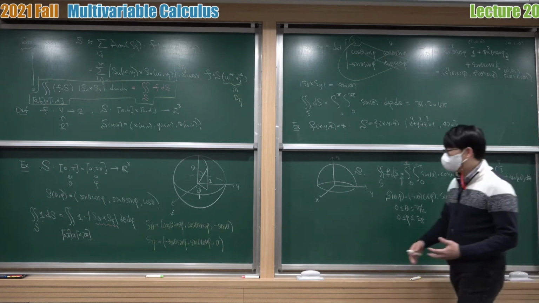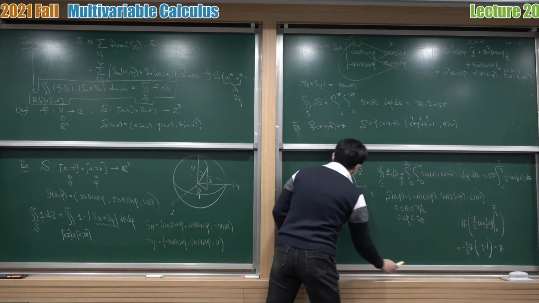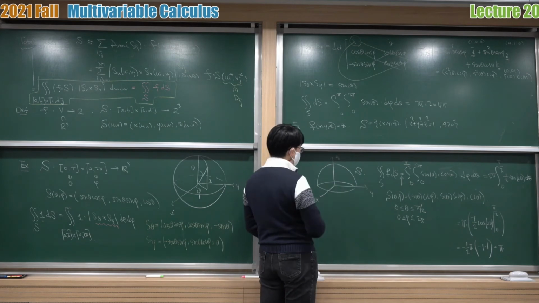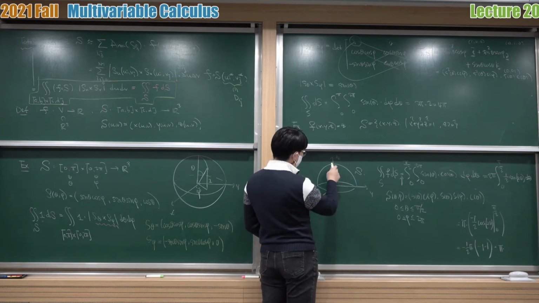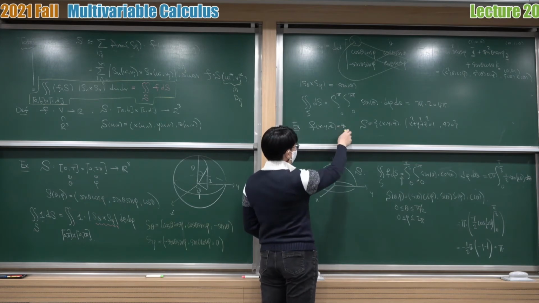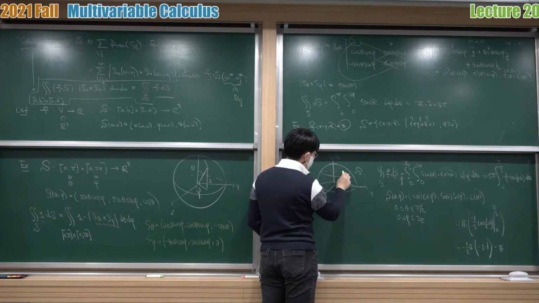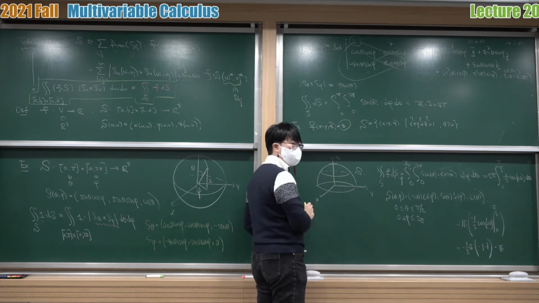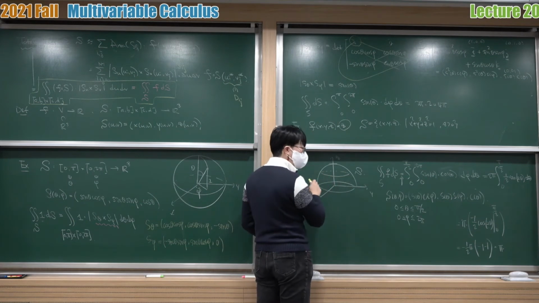So basically what we're trying to get is the mass of this upper hemisphere, whose density gets larger at the top but is almost zero at the bottom, because the density is z. If you take a horizontal slice of this upper hemisphere, it all has the same density.